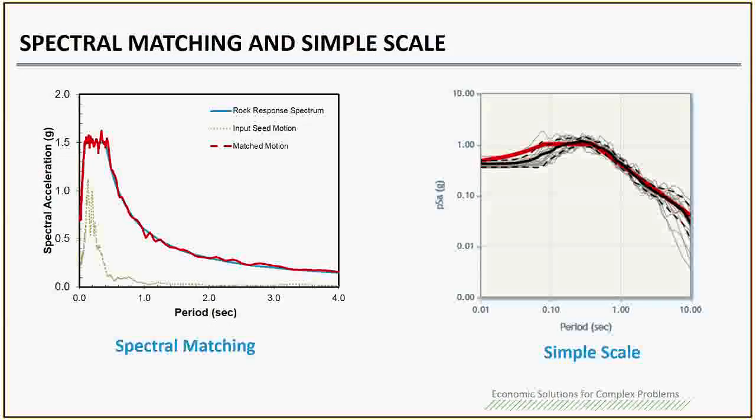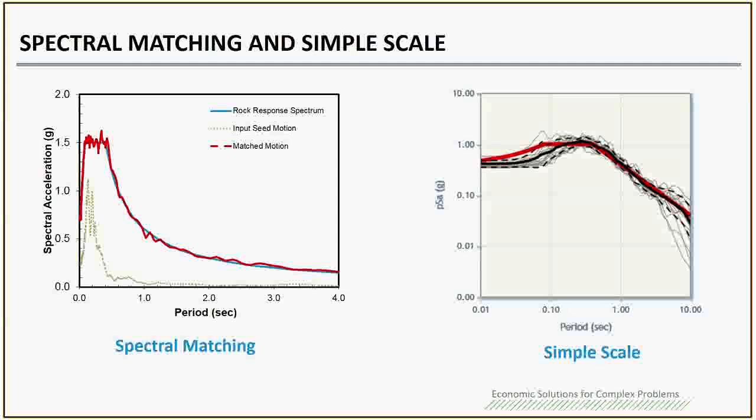Once you determine the appropriate earthquake events based on the magnitude and the fault distance, you can get the input motion. However, most of the time, the input motion response spectrum doesn't match the target rock response spectrum.